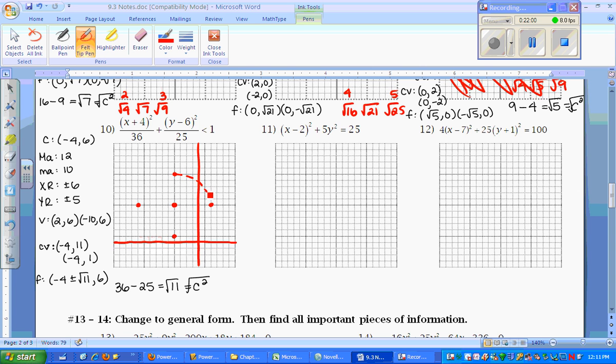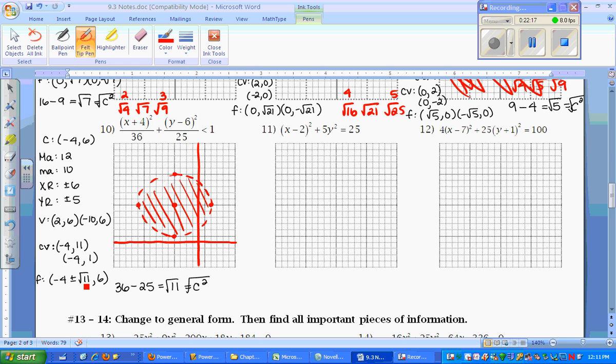And I have enough room to do that. This one is a dashed ellipse because it doesn't have an equal to symbol. It's going to get shaded inside because it's less than.